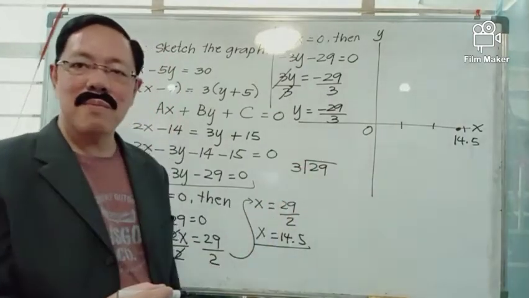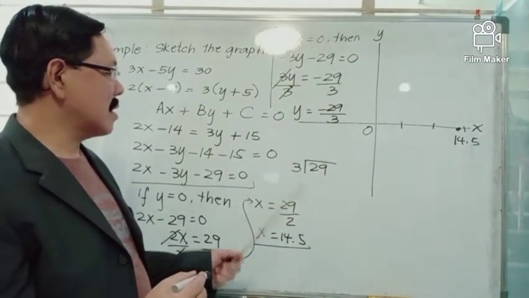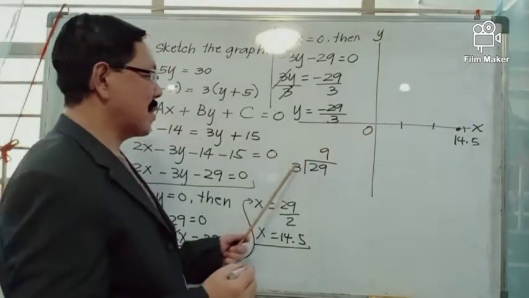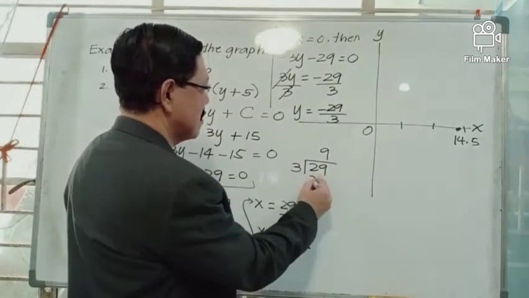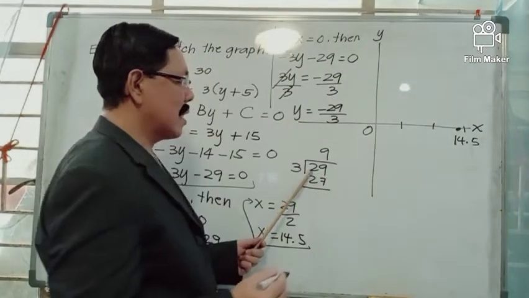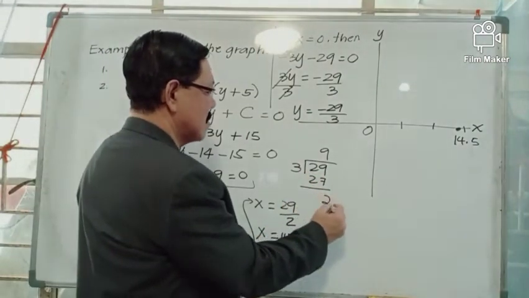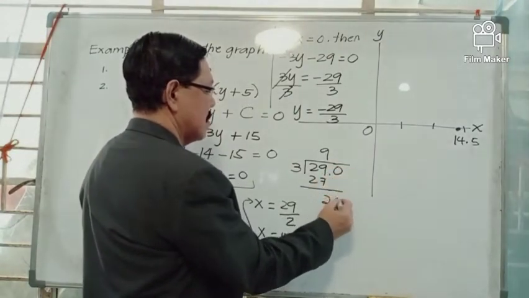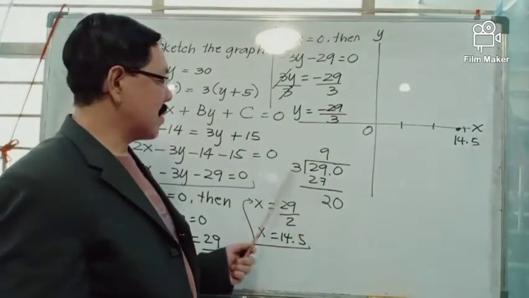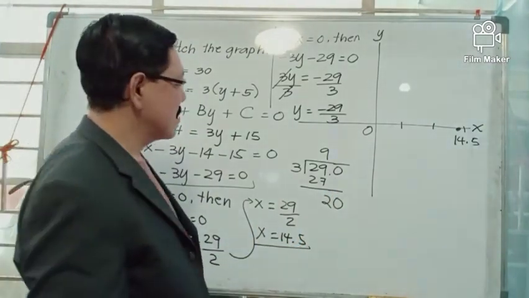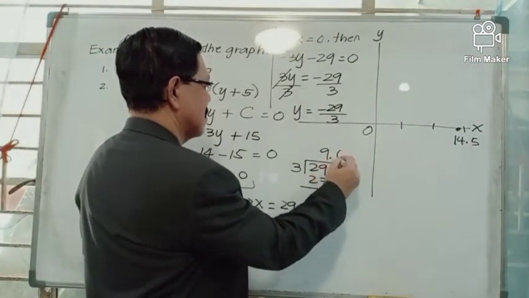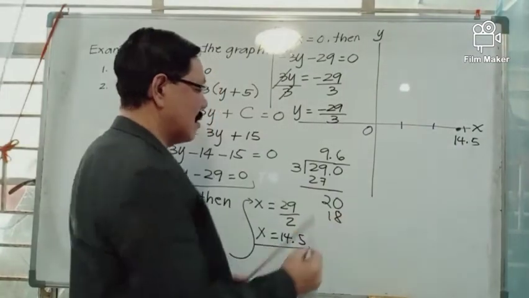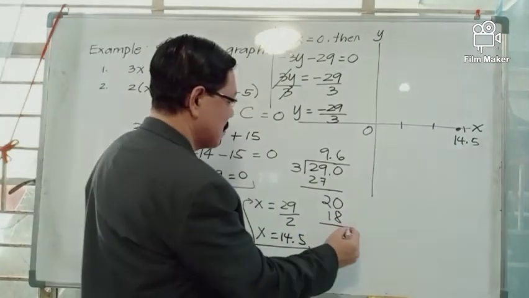We divide 29 manually. 29 divided by 3 is 9. 9 multiplied by 3 is 27. 29 minus 27 is 2. We add 0. 20 divided by 3 is 6. 6 multiplied by 3 is 18. 20 minus 18 is 2.